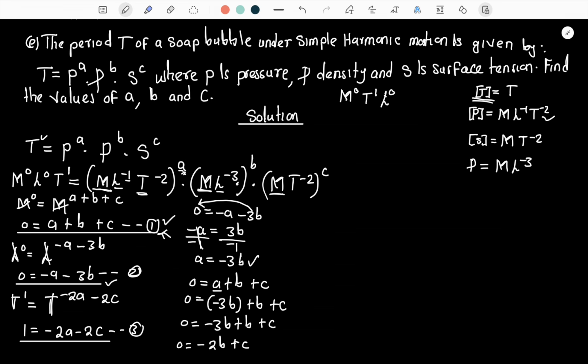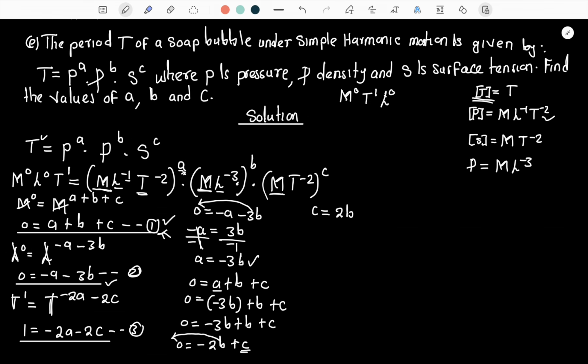Now remember that from here, we are going to make C the subject of the formula. So let's try to make C the subject. So if we make C the subject, this guy is going to come to the far end. Then we're going to have 2B, right? Now, we have our 2B there. So C is simply 2B.